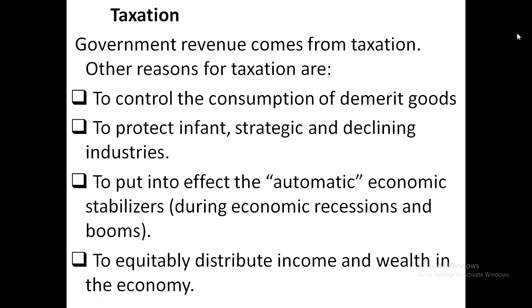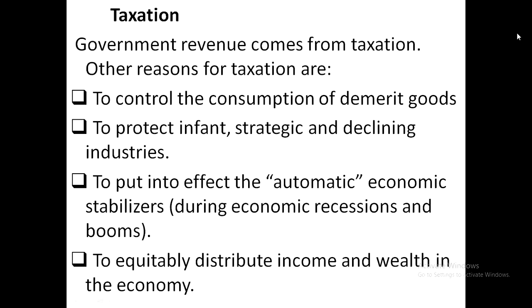So for government to control the consumption of demerit goods, government may tend to increase taxation on these goods in order to make them expensive or unaffordable for everyone. However, the other problem with these demerit goods, some of these demerit goods like beer and cigarettes are quite addictive. So even if the prices were to go up, people will do whatever they can do to buy them.